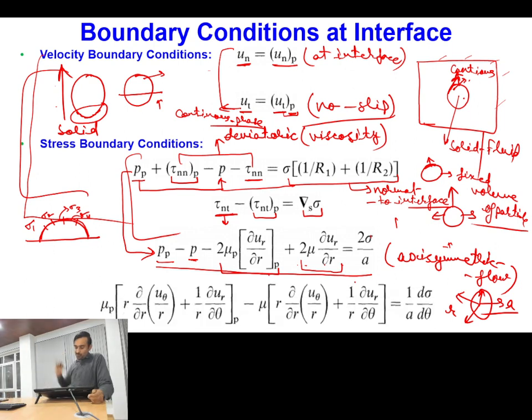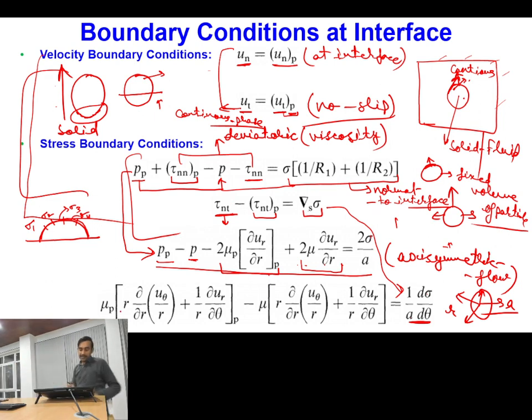And once you write this second term, for an axisymmetric particle, the gradient of surface tension will only exist along the theta direction. So that's why 1 by a d sigma by d theta. So this is the gradient term, and then the shear stresses, if you talk about, these will be nothing but in the r theta plane.